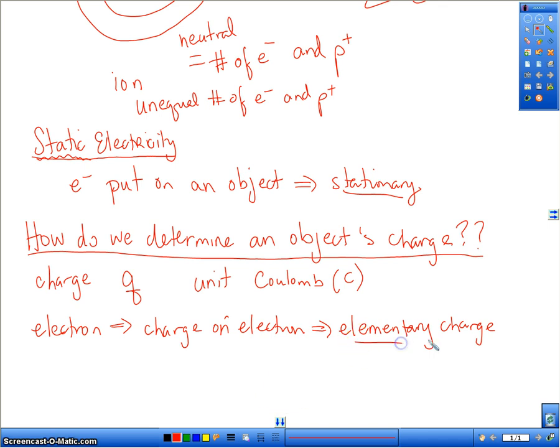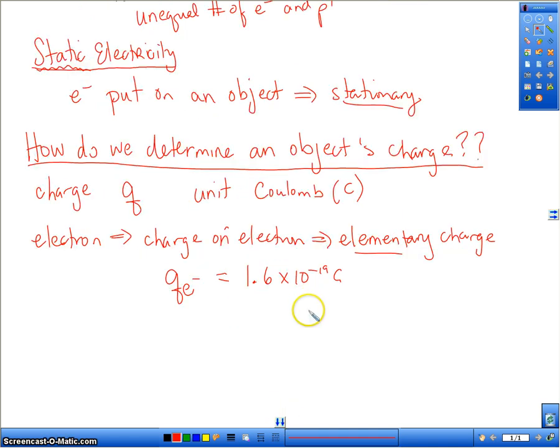So elementary, because elementary school is where you send little kids, elementary charge is the smallest charge. And we happen to know that the elementary charge, the charge on an electron, whose symbol we're going to use as Qe for elementary charge, is 1.6 times 10 to the minus 19 coulombs. So that's the charge on a single electron.